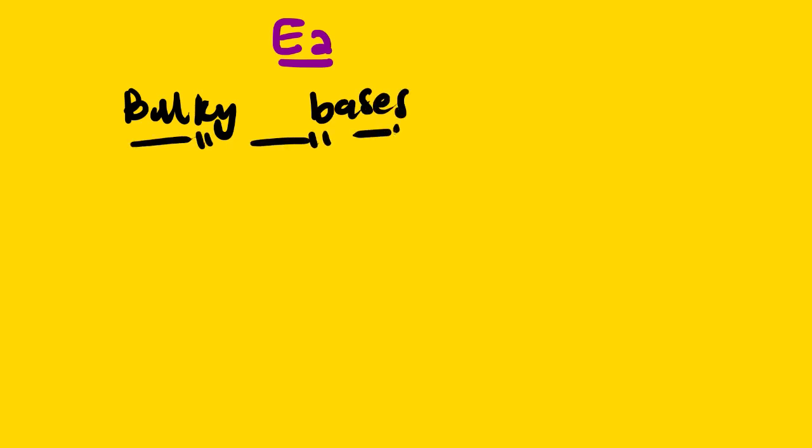Now why do we use bulky bases? We normally use bulky bases to produce a Hofmann product instead of a Zaitsev product. One of the most common bulky bases used to produce a Hofmann product is tert-butoxide.